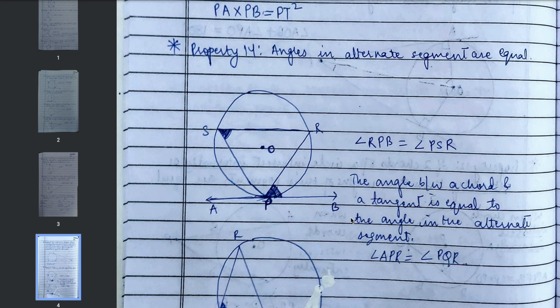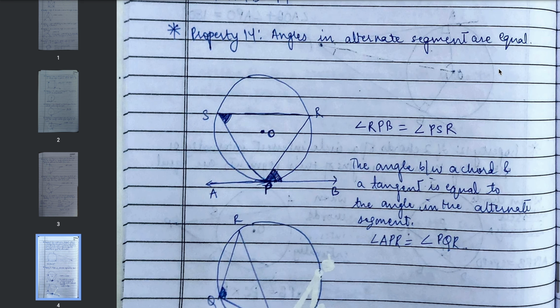The last property we have here, property 14: angles in alternate segment are equal. Children generally have a lot of problems understanding this one, and to be honest, it's not really difficult. So let's try. We have a circle here with center O, and a tangent meeting the circle at point P, and a chord PR.